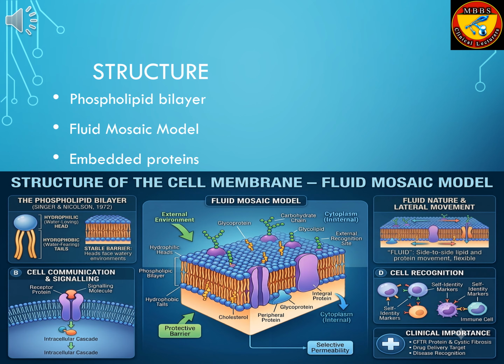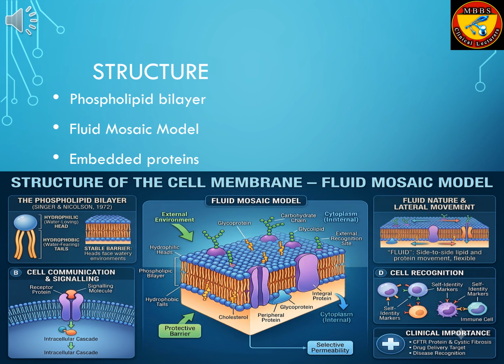Structure. The structure of the cell membrane is explained by the fluid mosaic model, proposed by Singer and Nicolson in 1972. The membrane mainly consists of a phospholipid bilayer. Each phospholipid molecule has a hydrophilic, or water-loving, phosphate head and two hydrophobic, or water-fearing, fatty acid tails.